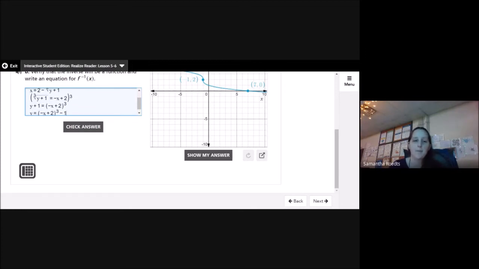So that's what my function looks like. No horizontal line intersects the graph of f in more than one point, so the inverse of f is a function.